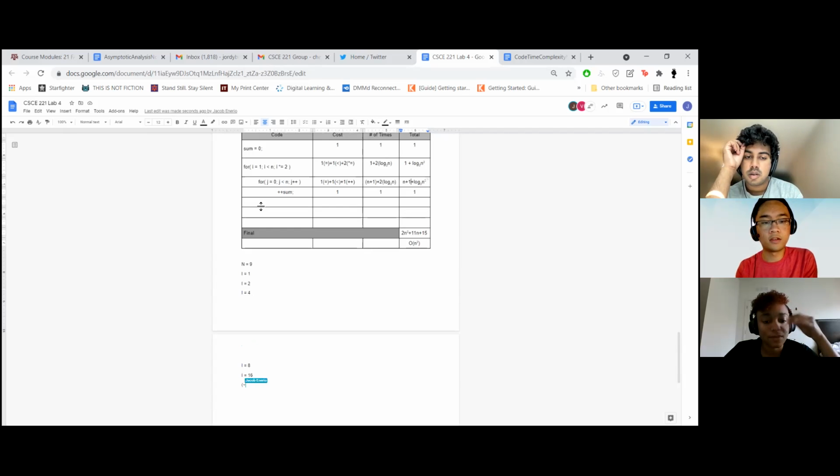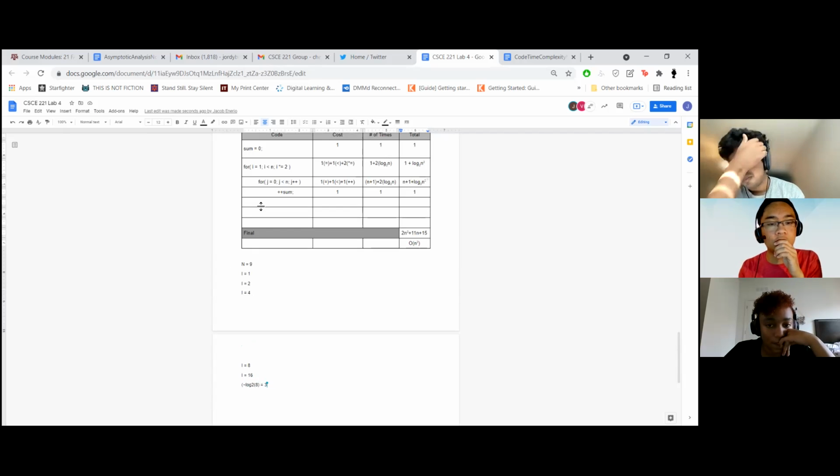So yeah, this is around log 2 of 8, which is equal to 3, but then we ran it 2 extra times, so isn't it log base 2 of n plus 2? That sounds right.